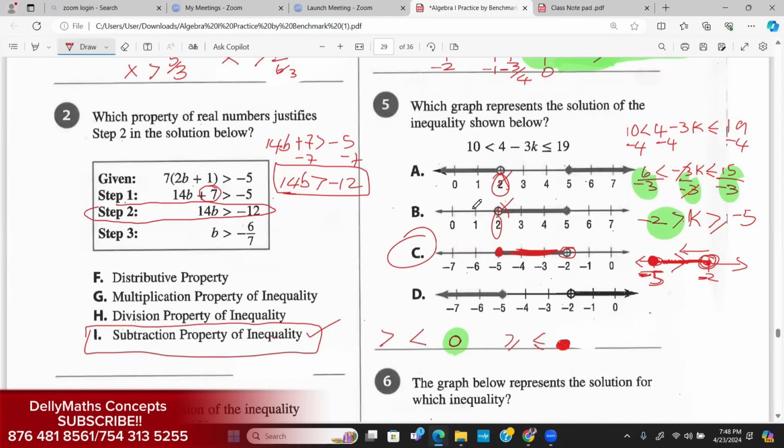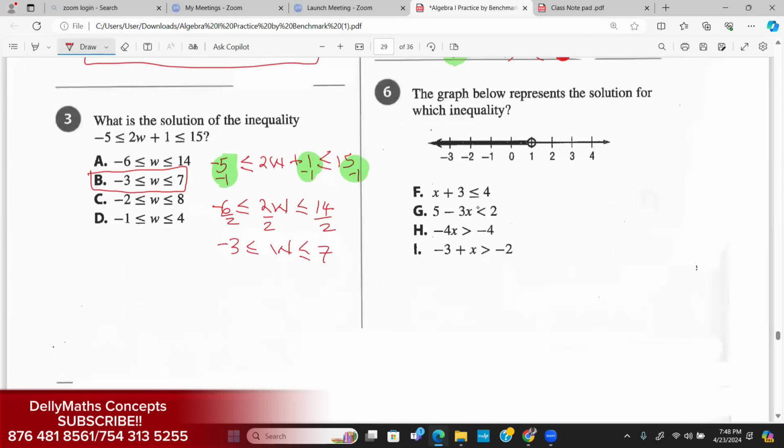Let's go to 6. The graph below represents a solution for which inequality? Now, we're going to have to try to solve these to see if they match, but we need to know what this is. Again, we have an open circle at 1. So this is suggesting that we have x at 1.